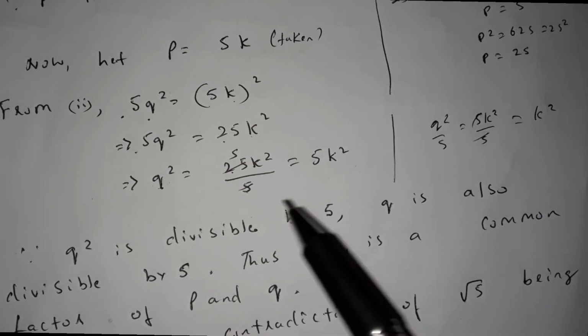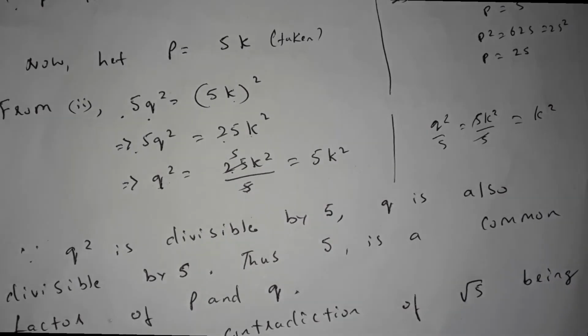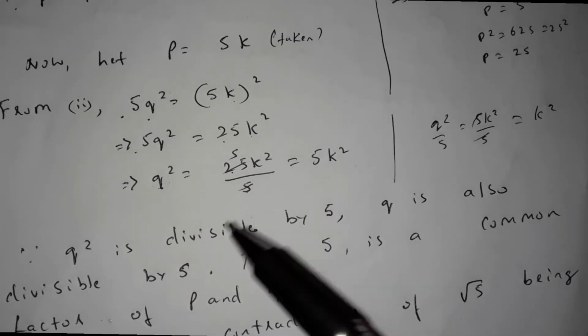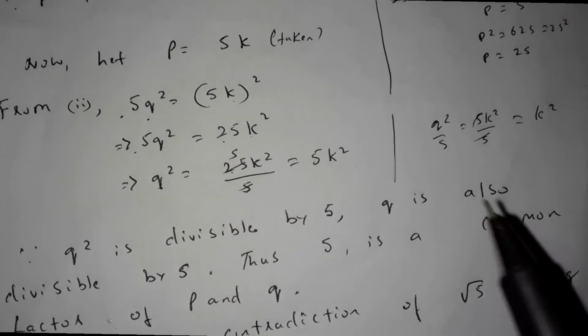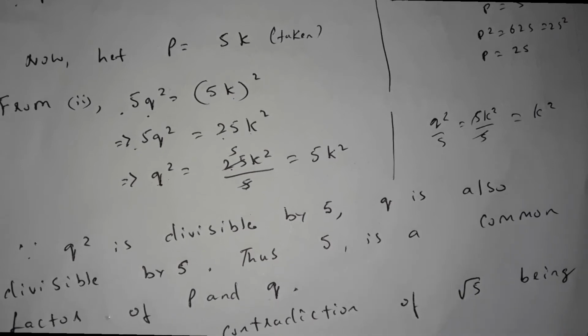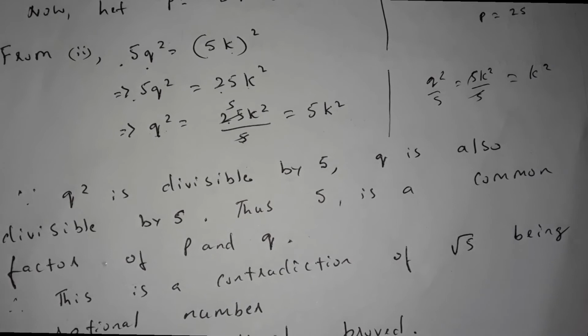That means q squared is 15 squared, it is divisible by 5, and 15 is also divisible by 5. If q is, let's say, 625, that means q squared is 625 squared, which is divisible by 5, and 625 is also divisible by 5.